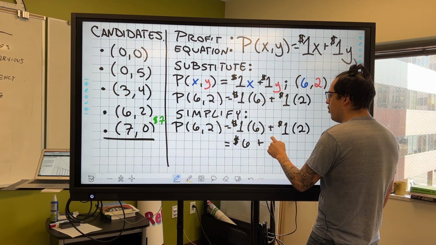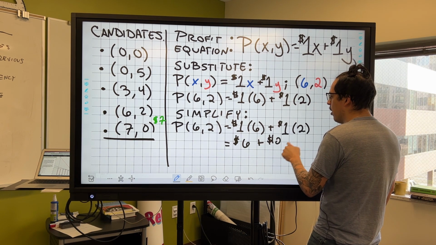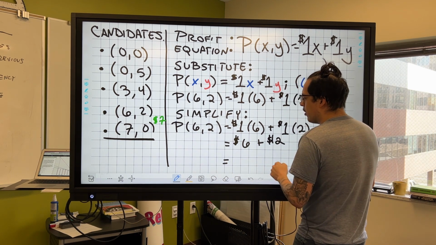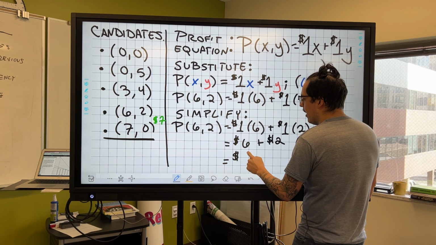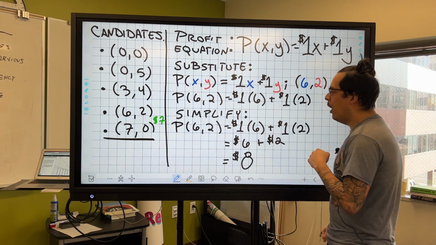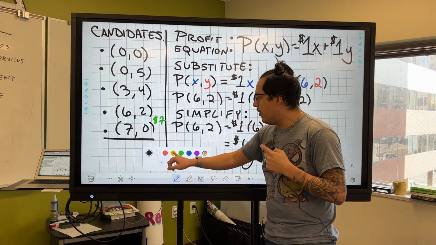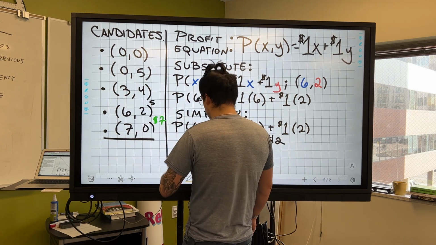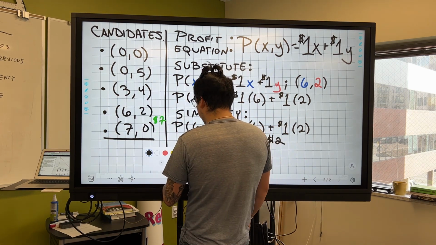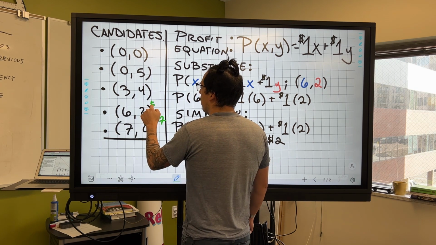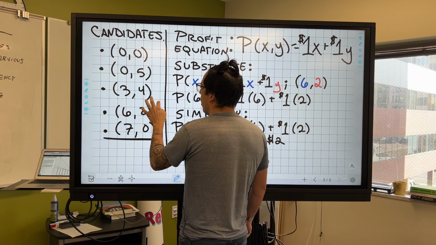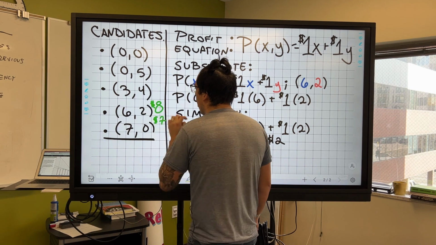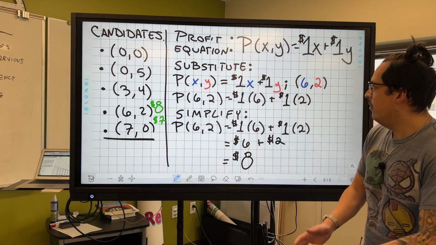And $1 times 2 is $2. And $6 plus $2, that's $8. And we know the profit for 6 cars and 2 trucks is $8 whenever we sell cars and trucks and make $1 profit on each sale.